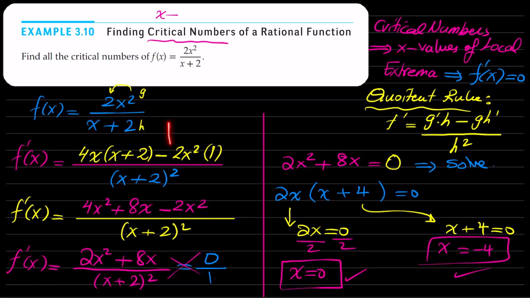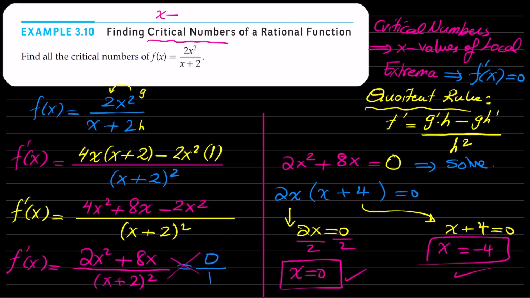Minus, and this is very important, we keep the first function as it is multiplied by the derivative of the second. We did expanding since we have brackets, minus 2x squared. Those two terms are like terms, 4x squared minus 2x squared is 2x squared.